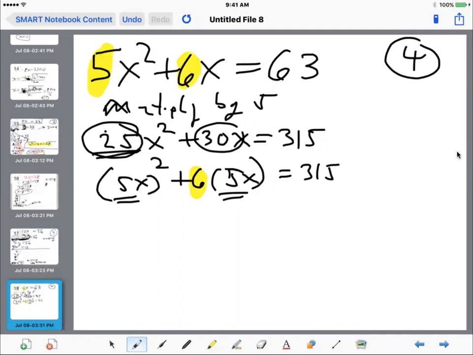Now look, I hate to introduce more variables, but I'm going to say that u equals 5x. Some people like the abstraction of replacing.